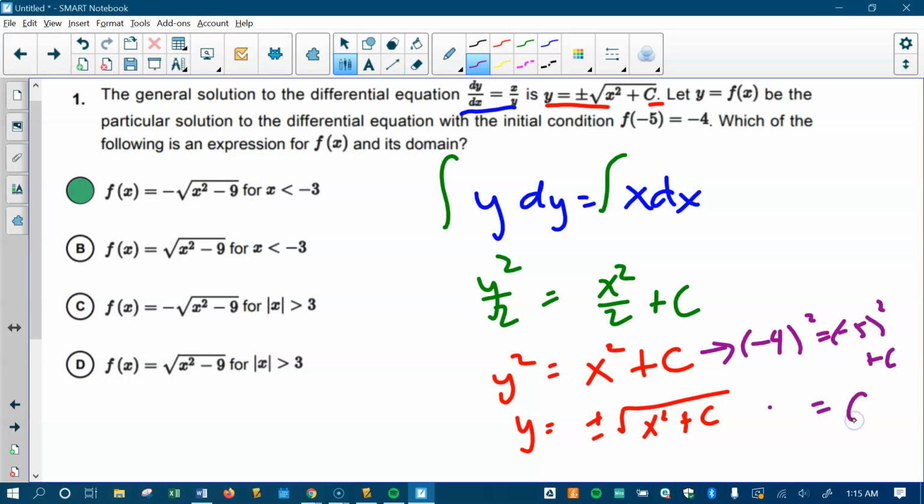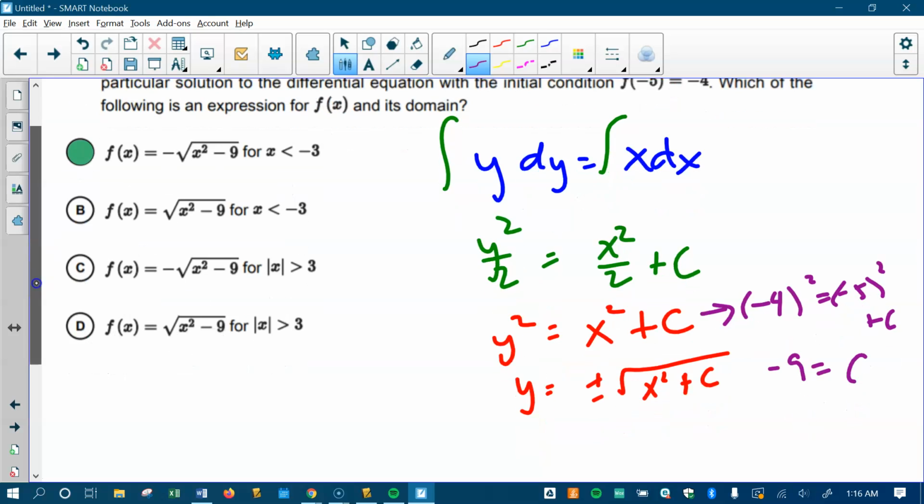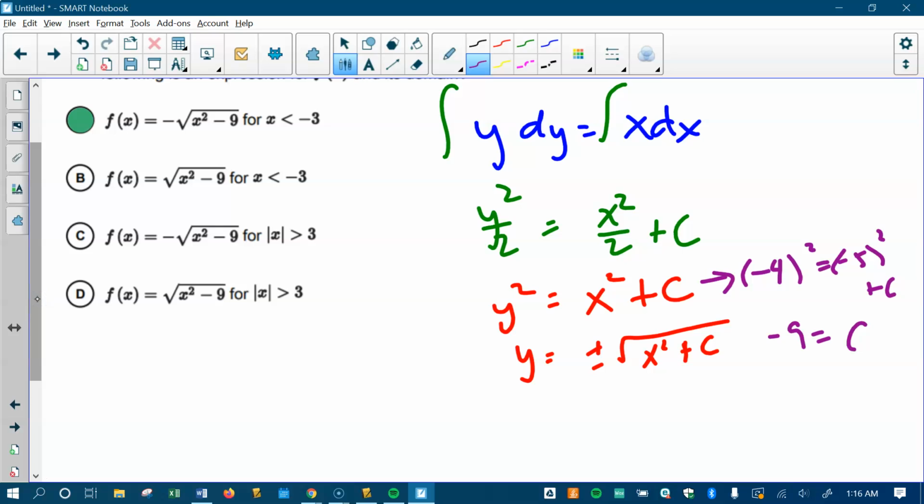We can go ahead and get c is equal to negative 9. So that means our equation with the value of c is going to be y is equal to something, square root of x squared minus 9. Okay, so that's number 1.